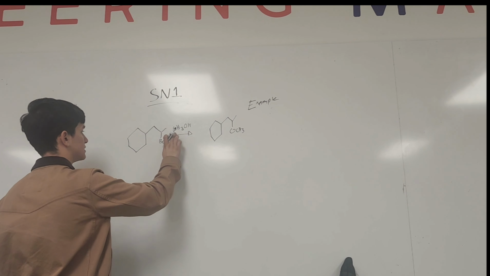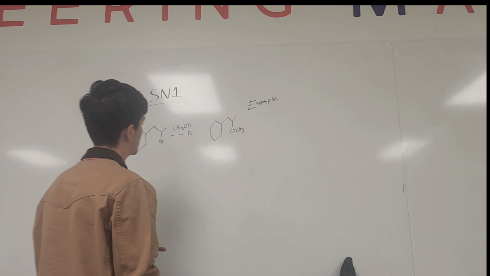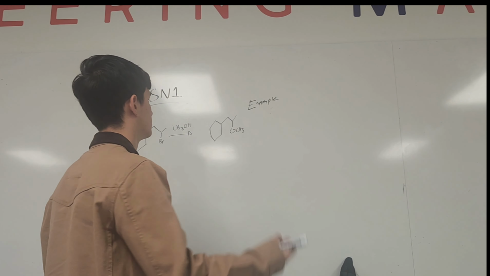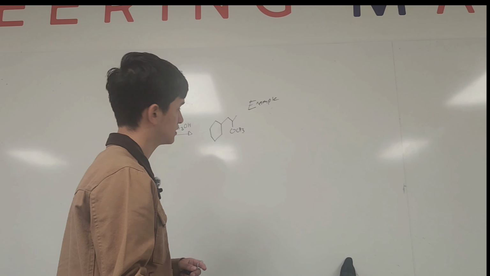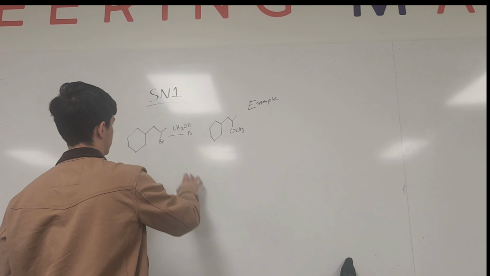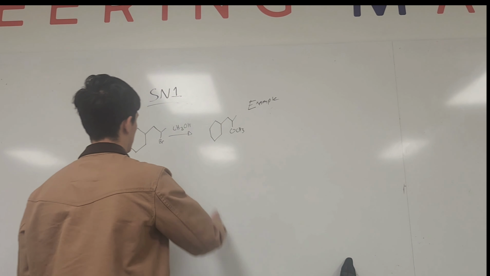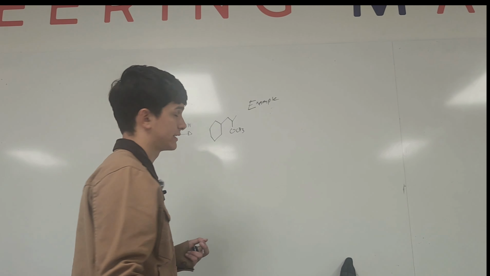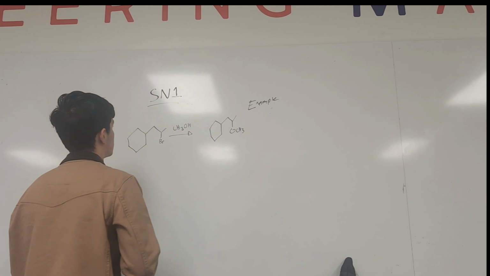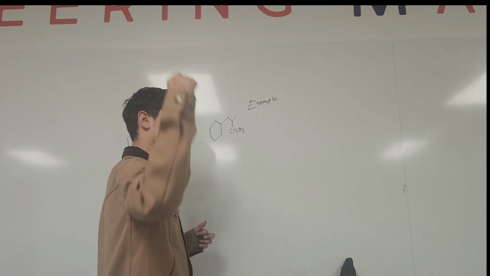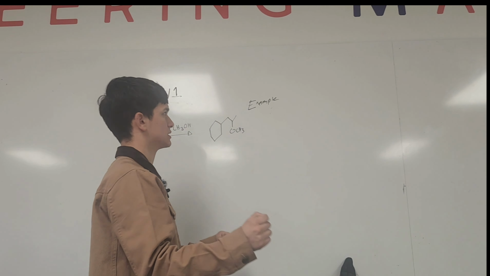So CH3OH, we have an alcohol. Monkey eats purple banana. So monkey, methanol. We have a methane, but it has an alcohol, so it's methanol. So we have a protic solvent. Remember, protic is SN1, aprotic is SN2.